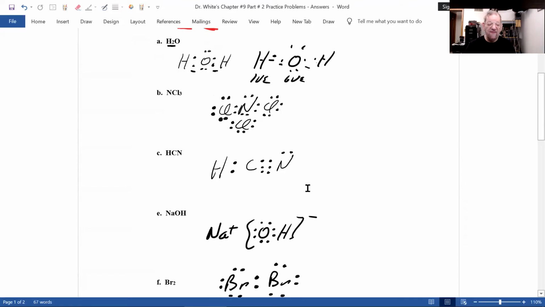Now, let's look at hydrogen cyanide. Here we have hydrogen with 1 valence electron, carbon with 4, remember Lewis structure, 1 dot on each side, and nitrogen with 5, you put 1 on each side before you double up.